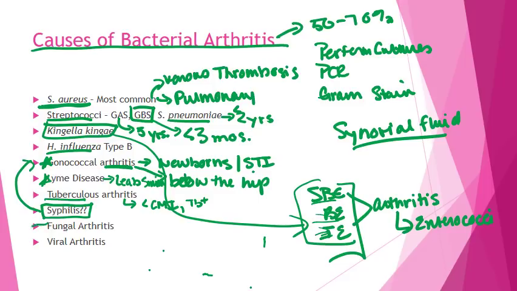Now, I also have these other two, and I'm not going to go into much detail on them. There are fungal infections and viral infections that seem to cause arthritis. The fungal arthritides are caused by sporotrichosis, coccidiomycosis, candidiasis, and several others. And once again, you're just going to diagnose this using a fungal stain or culture of the synovial fluid. The viral arthritis, we've covered some of these.